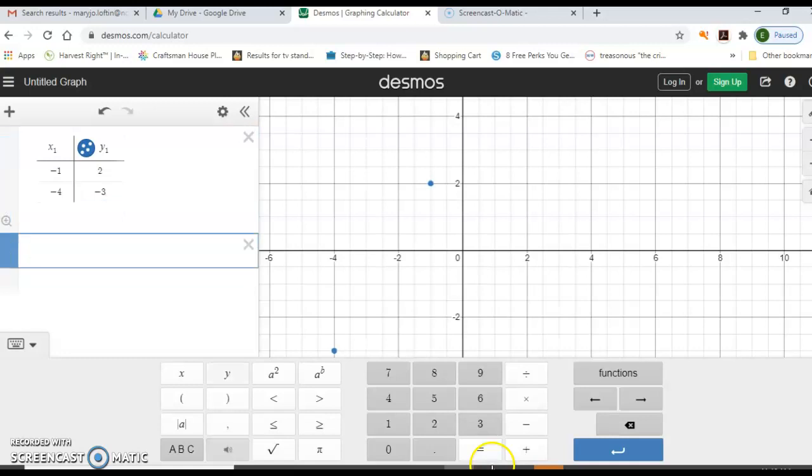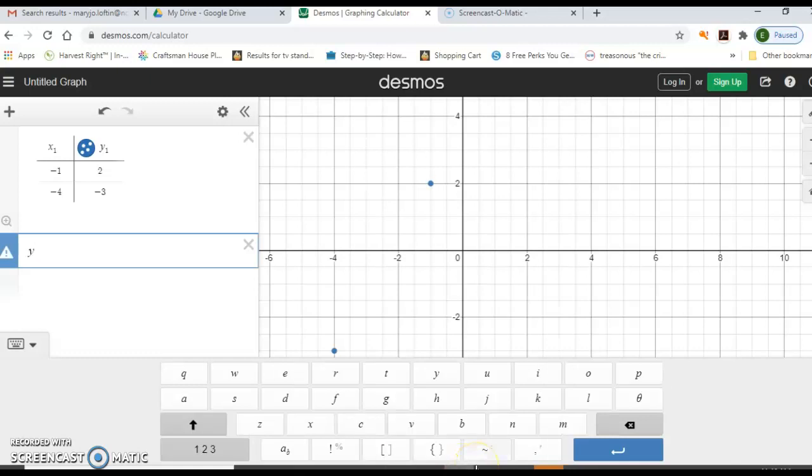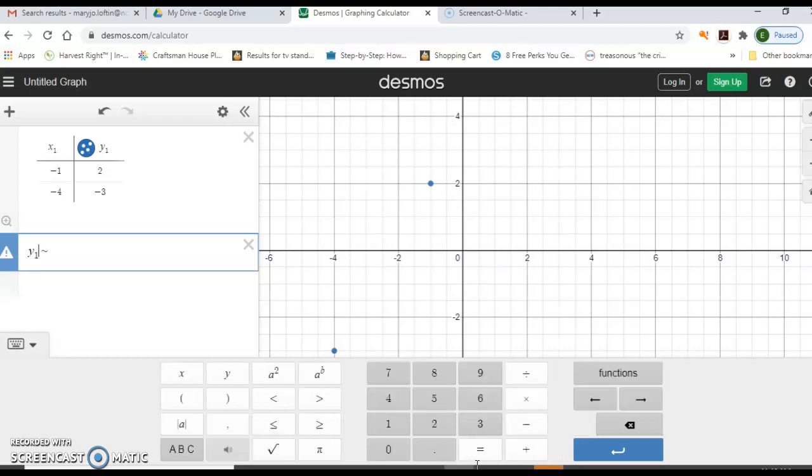So right here, you write your equation, y, and then with that little tilde thing, whoops, forgot, y1, because I've got to have it match up with the table so it knows that that's where I'm pulling it from.